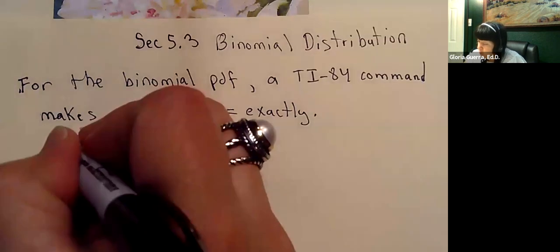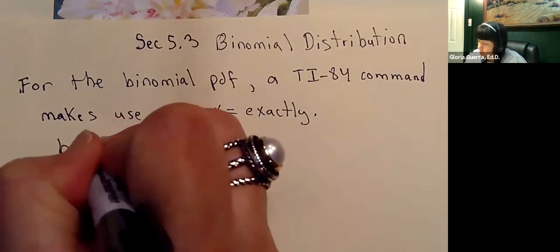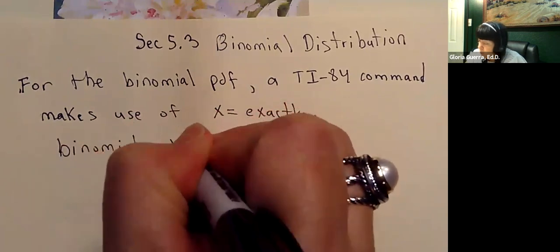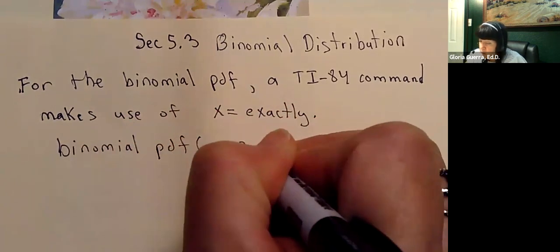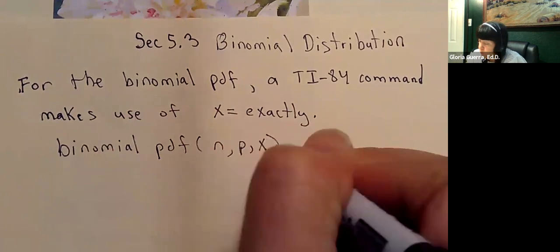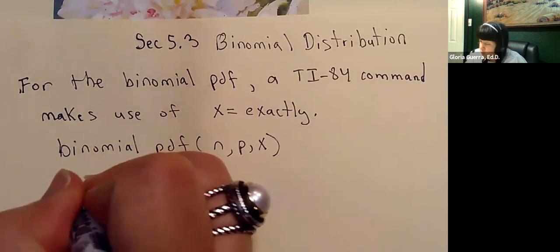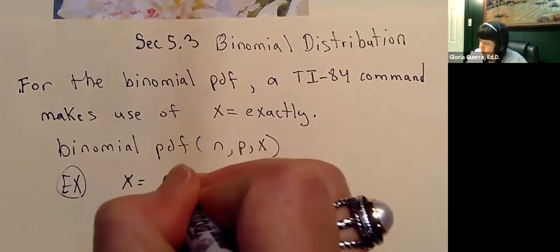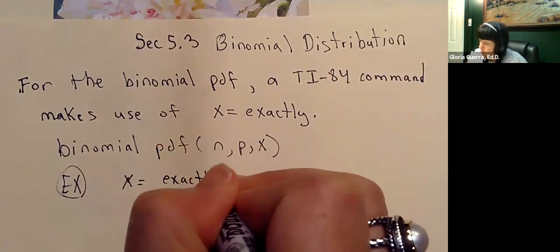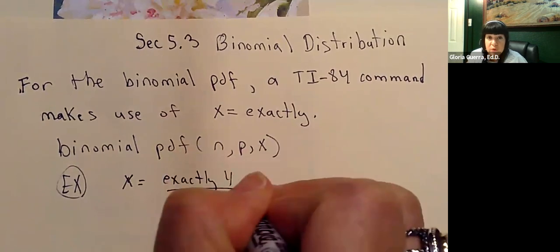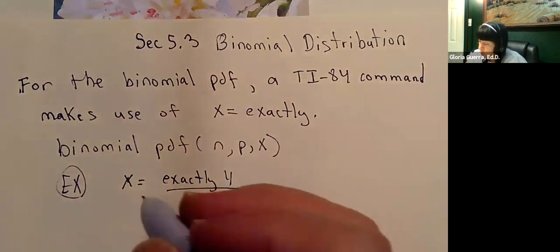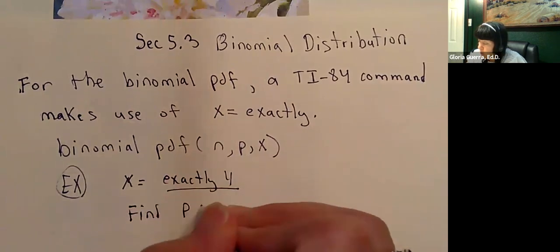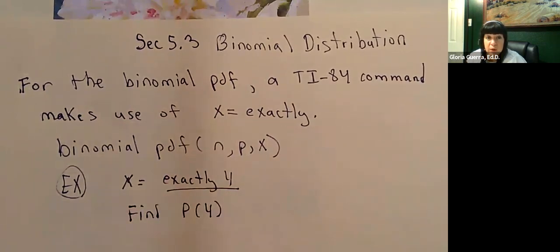Okay, so the command reads binomial PDF in PX. So an example would say, let's say they're making use of x equals exactly 4. They would have to use that in their vocabulary, exactly 4. So what that means is you're trying to find probability at 4. Find P of 4.